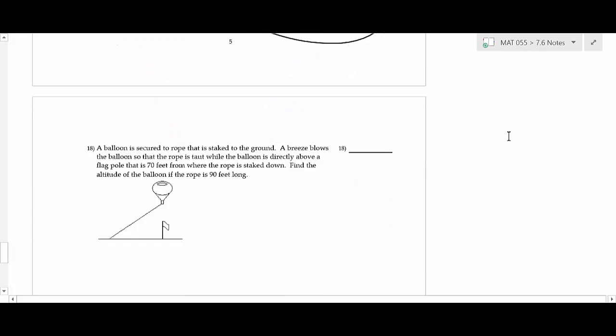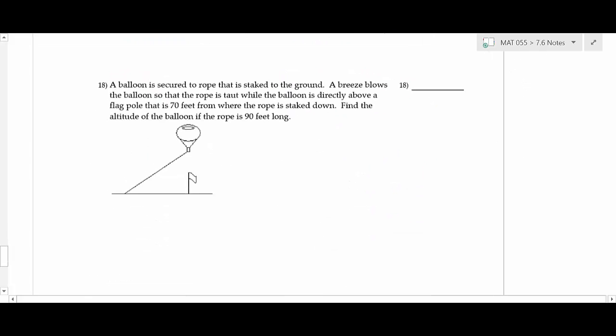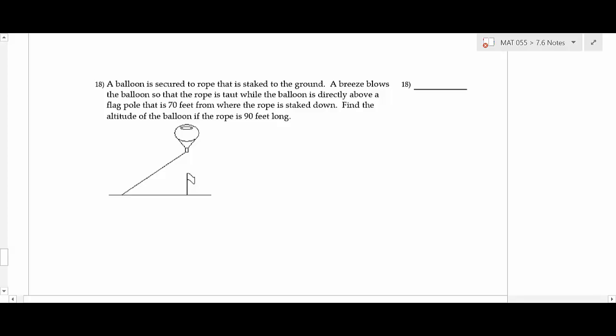I think this next problem is kind of cool. A lot of times, like at a car dealership, they have a big balloon because there's a big sale or something. So what it's saying is they stake this rope down, and there's a constant wind, so it's at an angle, and it's up a certain distance like that. It says that the balloon is directly above a flagpole that is 70 feet from where the rope is staked.